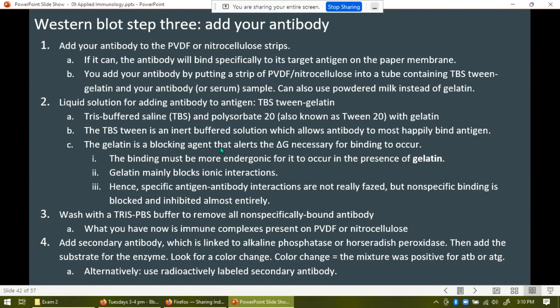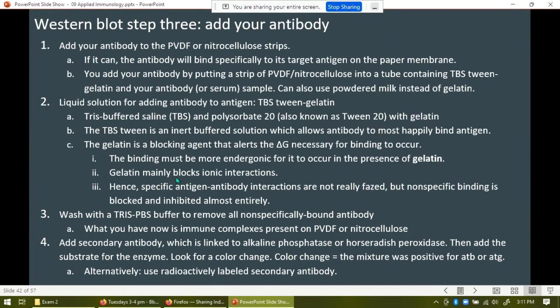The blocking agent alters the delta G that is necessary for binding to occur. So basically, the binding has to be very specific for it to occur in the presence of gelatin. The antibody has to be very specific for the antigen in order to bind across this gelatin blocking agent.